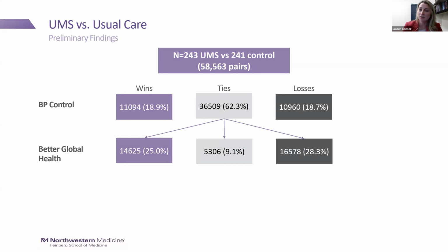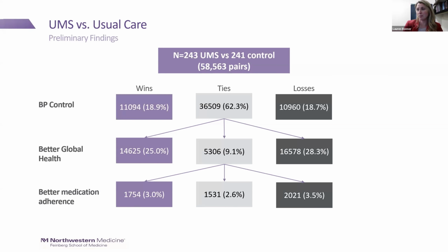And over all of those pairs, there were still 9% that were tied pairs. And in that case, we moved to the last endpoint and compared that ASC-12 adherence score. And for 3%, the UMS participant had better adherence, and for 3.5%, the usual care participant had better adherence.